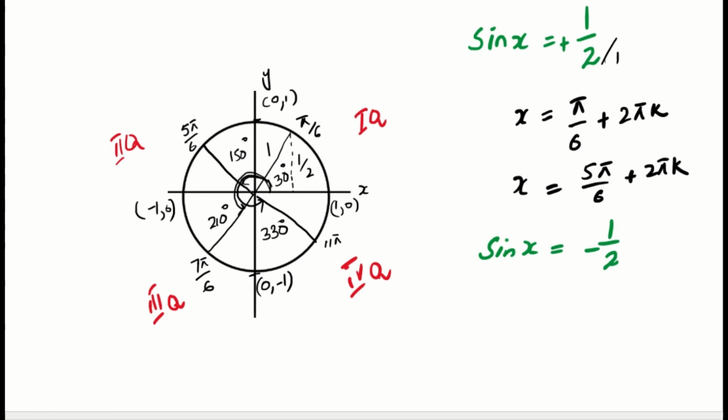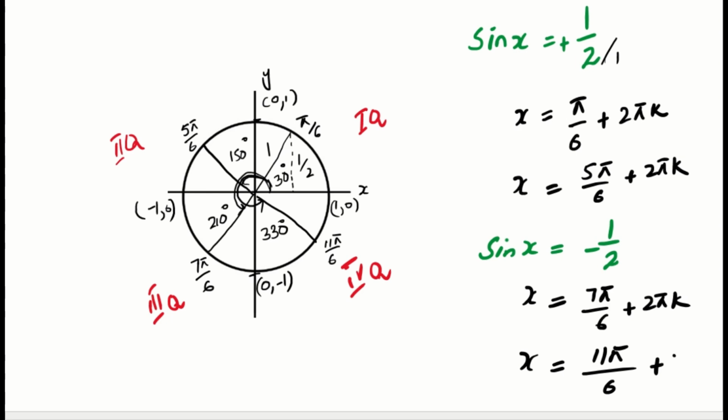So from here, we will write the value of x in the third quadrant and in the fourth quadrant, below the plane: 7 pi over 6 plus 2 pi k. X is equal to 11 pi over 6 plus 2 pi k. That's all. These are the two values.